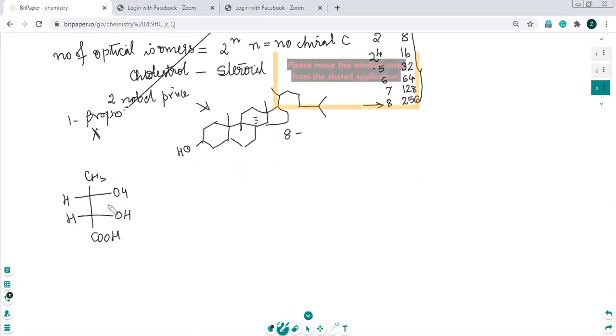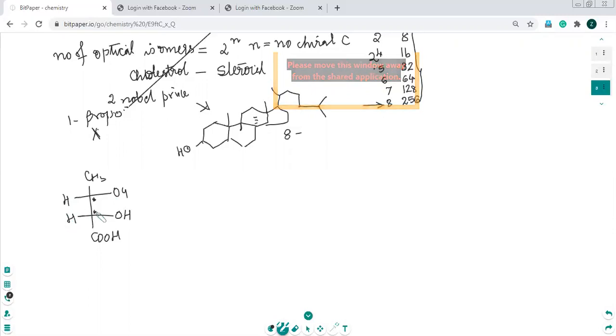Okay, now see this molecule. So you have one chiral carbon here and here. Both are chiral because you have 4 different atoms and groups here. One is CH3, one is OH, one is H, and the 4th one is this whole group.